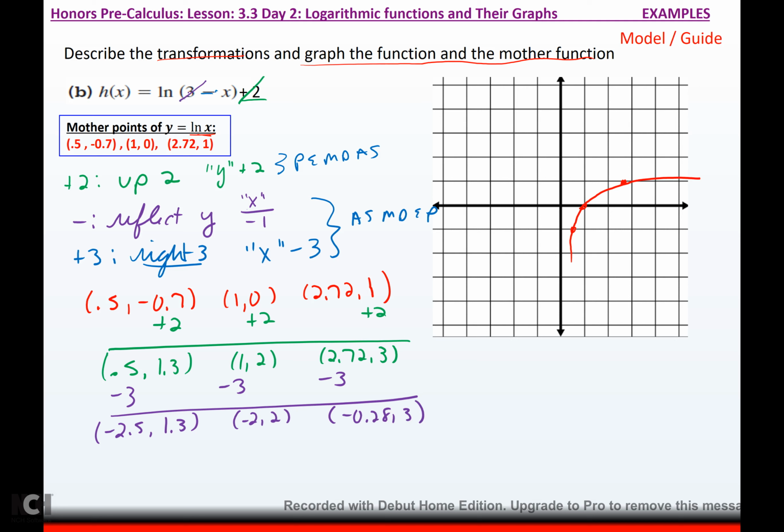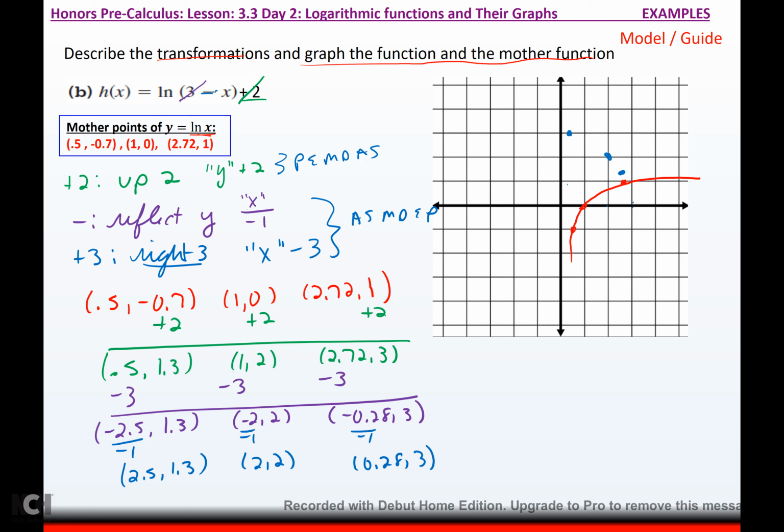That's done. And now I have to divide by negative 1, which is going to give me (2.5, 1.3), (2, 2), and (0.28, 3). So if I plot my new ordered pairs, (2.5, 1.3), (2, 2), and (0.28, 3).